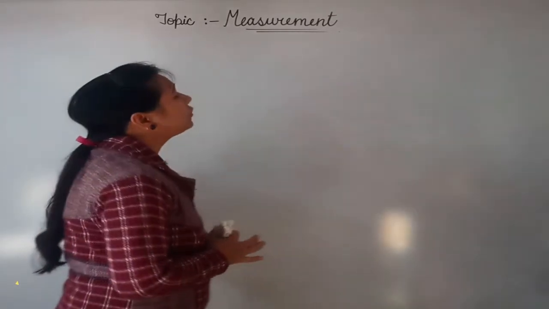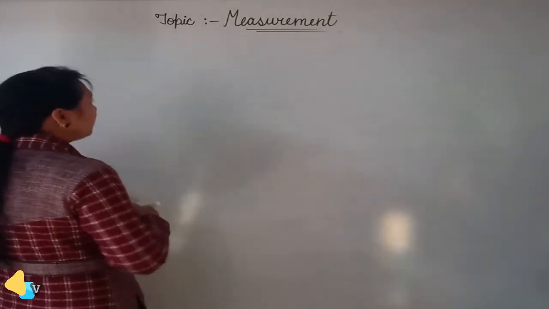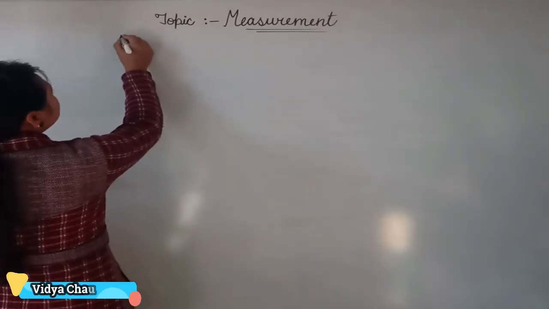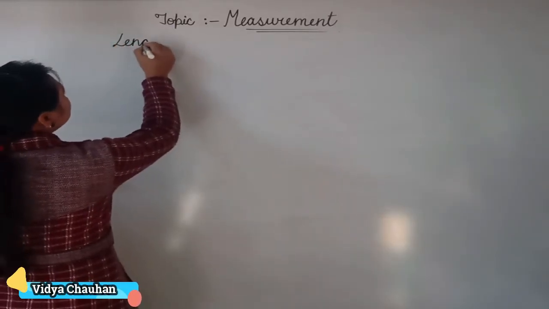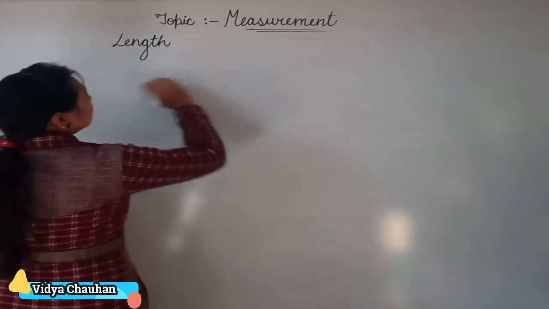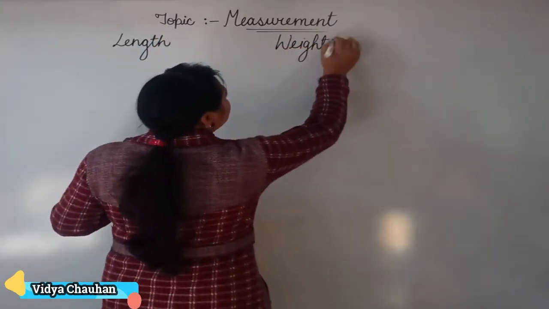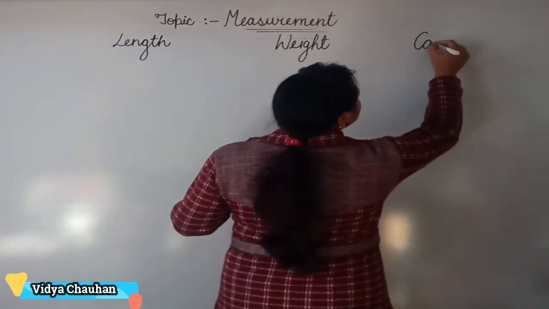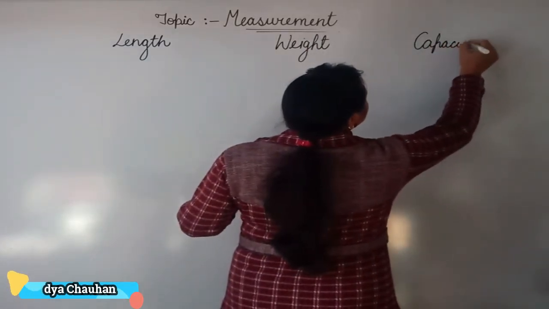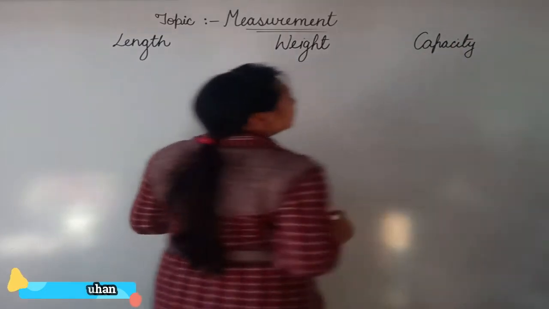Now, if we talk about measurement, measurement is basically on three terms. Very first, we measure length. Secondly, we measure weight. And third, we measure capacity.